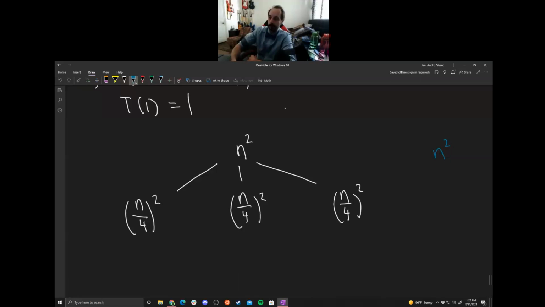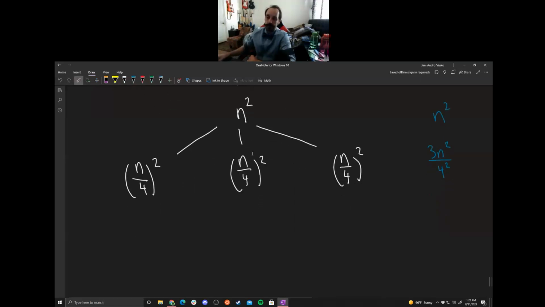And then let's go ahead and work this one out. Well, the next level right here is going to be simply 3n squared over 4 squared, if we add these 3 components up. So 3n squared over 4 squared is going to be the result of this. And then, okay, let's go ahead and try to break this down even further.